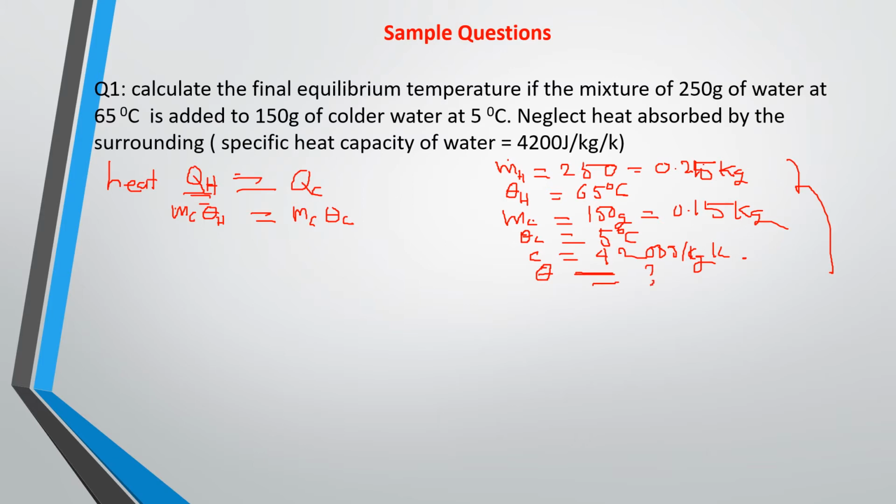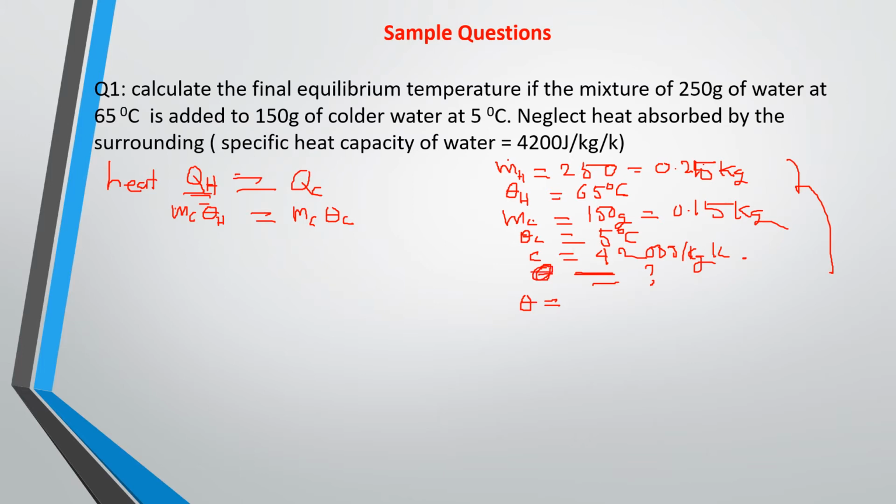Okay. So having known all this, now the change in temperature for the hot water is equal to the initial temperature minus the final temperature, which you don't know.